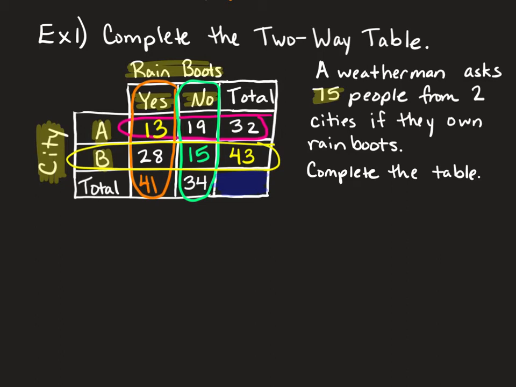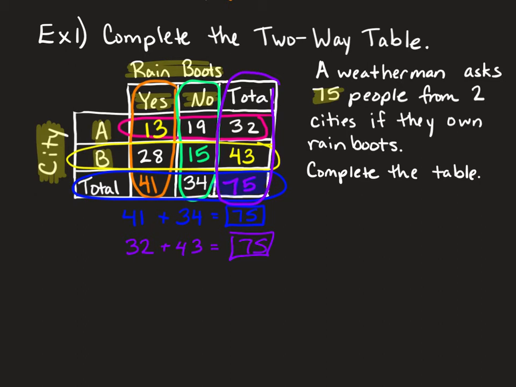I could say this row, that's a total of 41 plus 34, 41 for yes they have rain boots, plus 34 for no they don't have rain boots, equal 75. I could also use this total column and say, okay, I have 32 plus 43, add those together, I also get 75. So either way, whether I use the total column or the total row, I get 75.